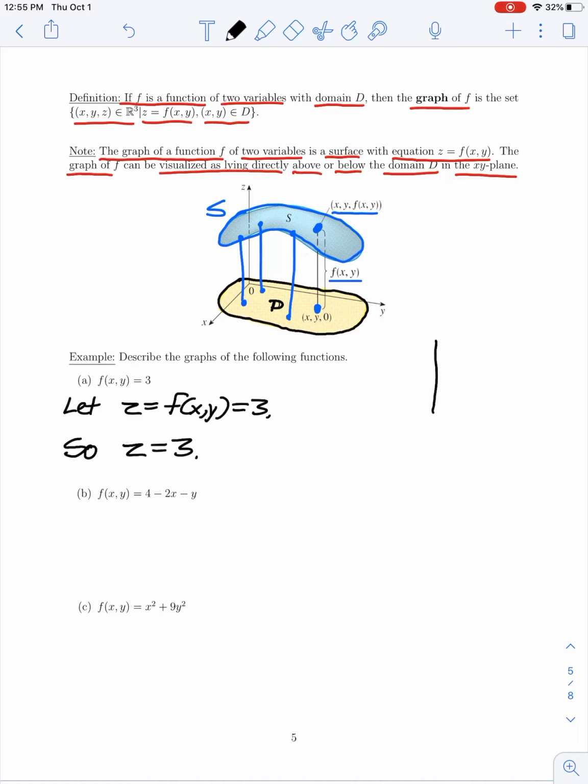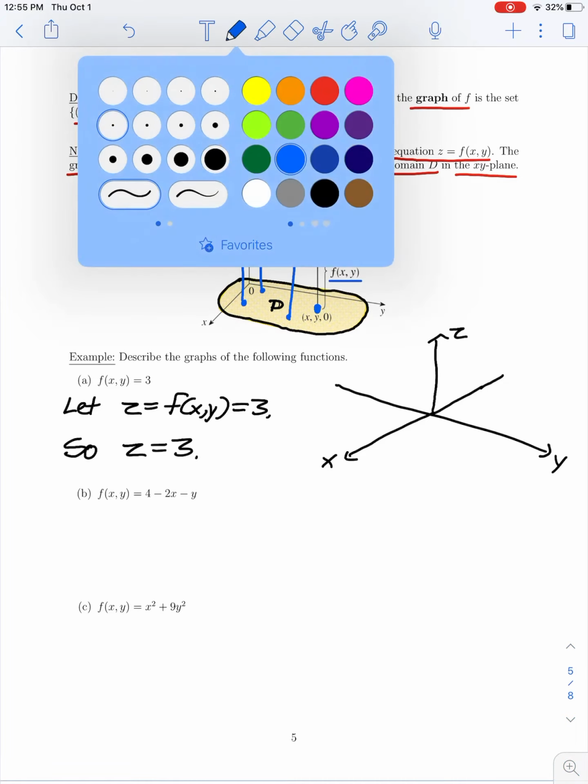If we have in space our x, y, and z axes, we would be talking about the plane defined by z equals 3.